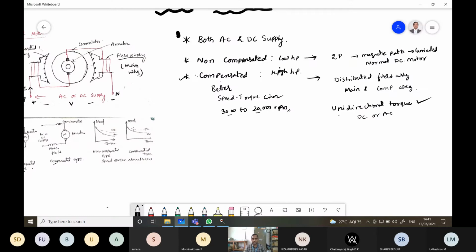So these are used in your mixer grinder. In mixer, whatever the motor is there, that is called a universal motor.